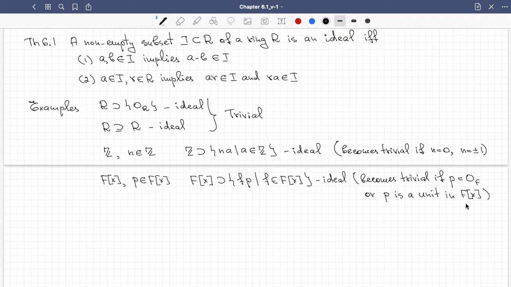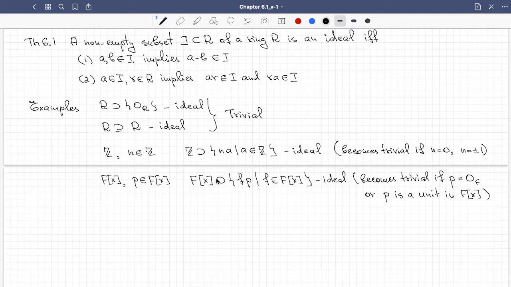It is also easy to see that all polynomials multiplied by any unit, similarly to plus 1 or minus 1 here, are still all polynomials. And all polynomials multiplied by 0 is just the 0 polynomial, nothing else.